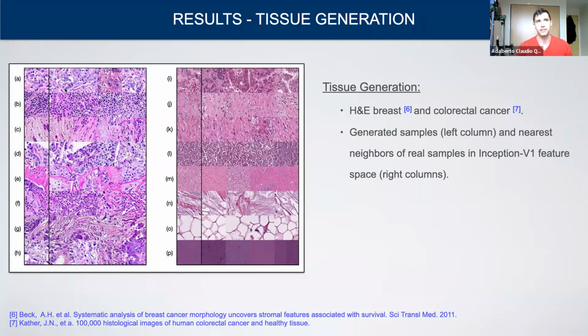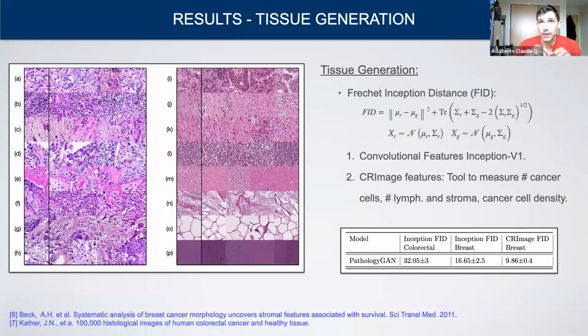What we have done here is take the generated and real images and pass them through an Inception V1 convolutional neural network. Then in the feature space, we looked at the real nearest neighbors to the generated samples, and you can see that the real and generated samples in that feature space look quite similar in general.